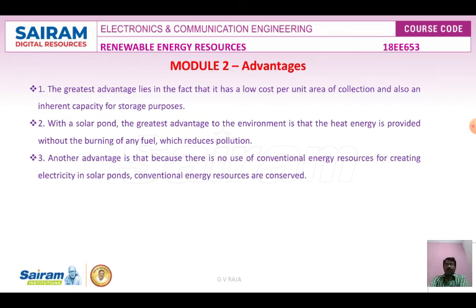Solar ponds over large areas can be used for the generation of electricity. It produces many environmental advantages. There is no need to use fossil fuels for generation of electricity, and no use of conventional systems for creating the electricity.